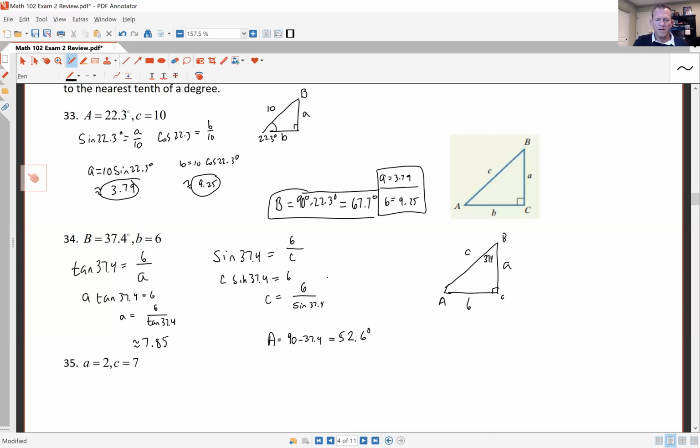Pull out a calculator on that one, and we get 9.88. So we have a being 7.85 and C being 9.88.